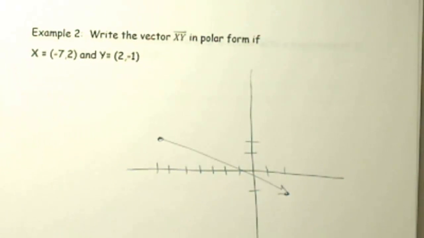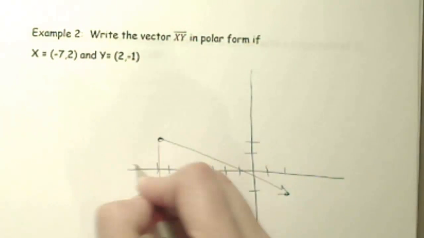When we did translations, we discussed that any vector with the same direction and the same magnitude would be equivalent to this vector, including a vector that begins at the origin. This vector goes from +2 to -1, so basically it goes down 3.